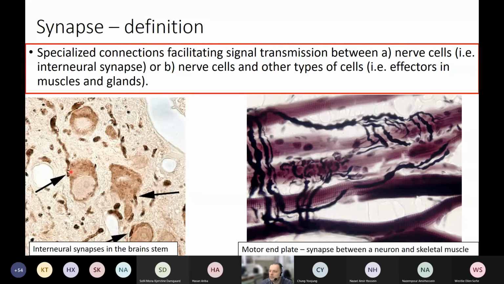So most likely there is a synapse between these cells, but one could check this more precisely with the electron microscope. On the other side, we see a so-called motor end plate. This is what I will talk about tomorrow. This is a synapse between the neuron and the skeletal muscle. It's also a certain kind of synapse.